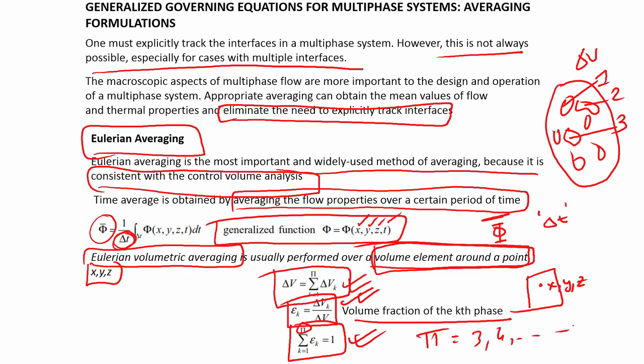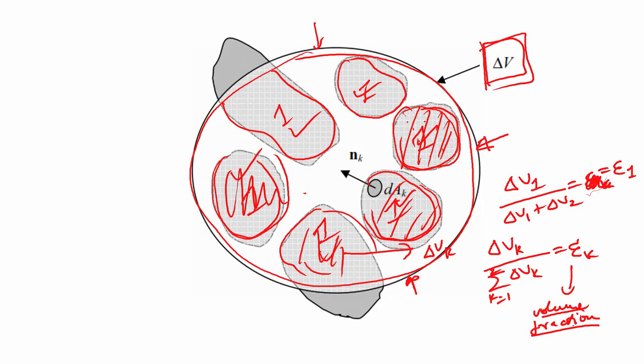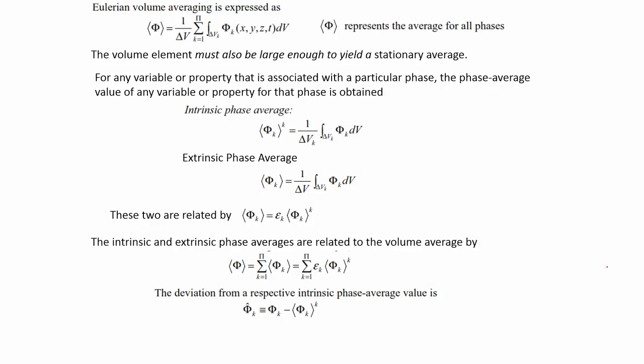Here it is only done for two phases, but it is equally applicable for any number of phases you can think of. So, I am giving you an idea of what this volume element should be, what the individual volume fractions should be, and how each of the elemental volumes is defined.